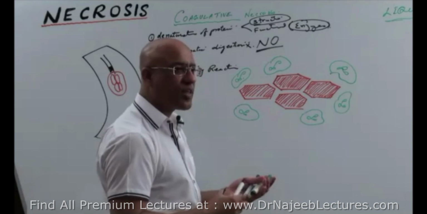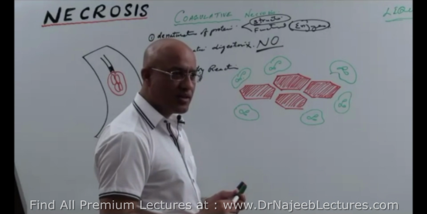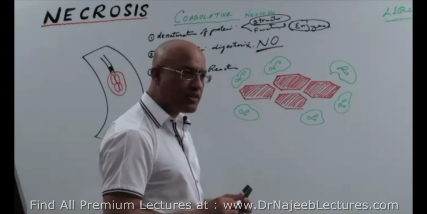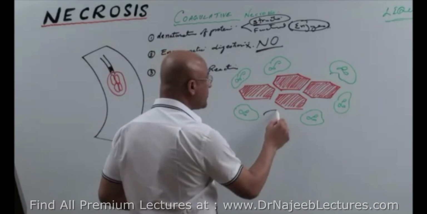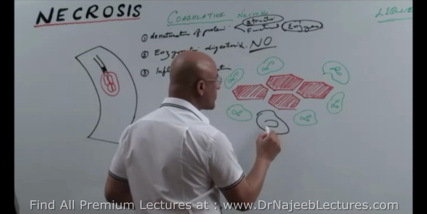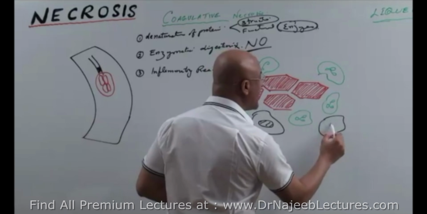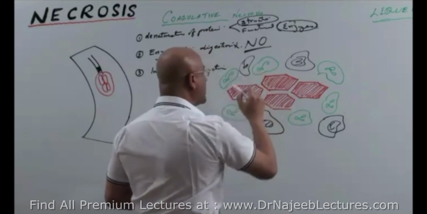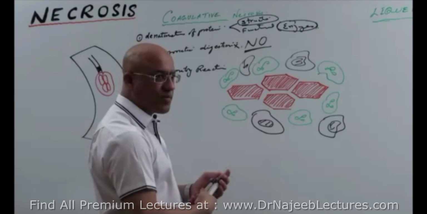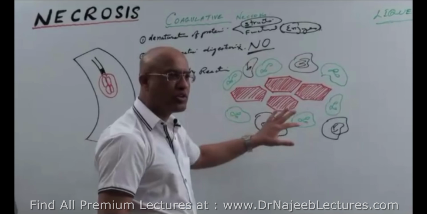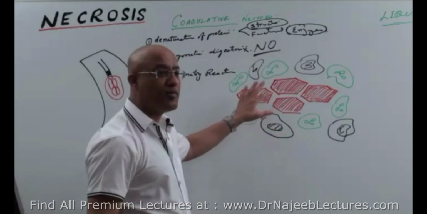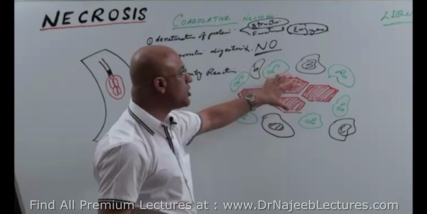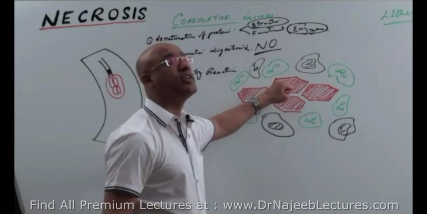And of course, as time passes, the second line of white blood cells will arrive there. What are these? Macrophages. So neutrophils and macrophages will make an inflammatory zone around this coagulated necrotic material, right?